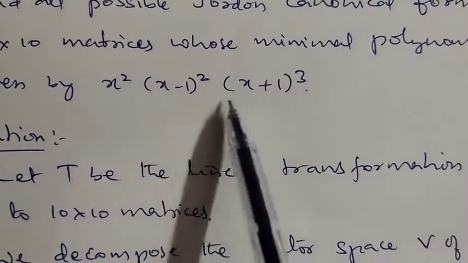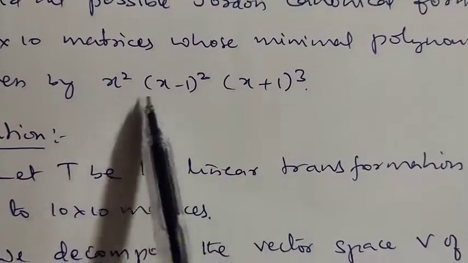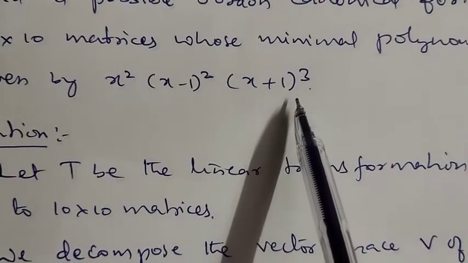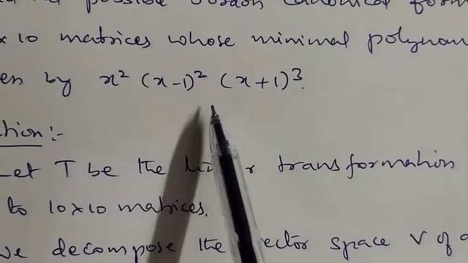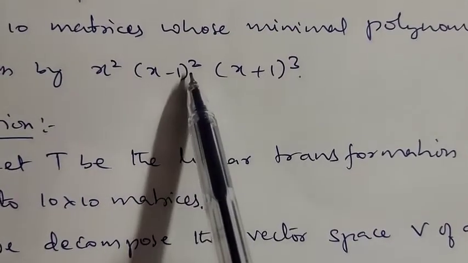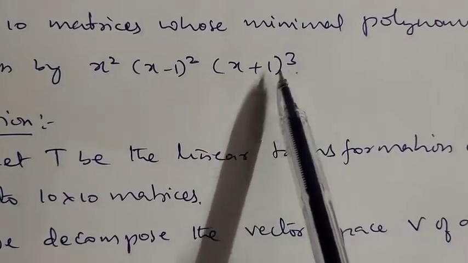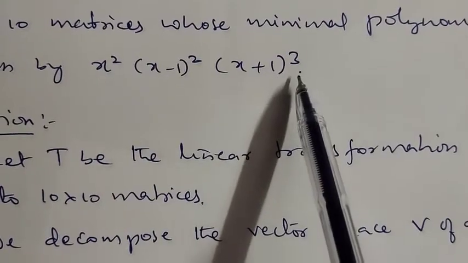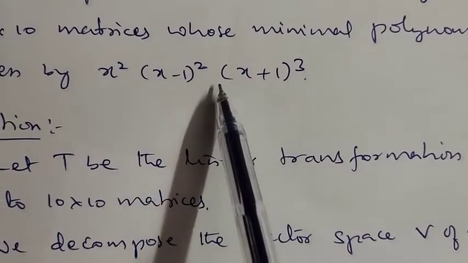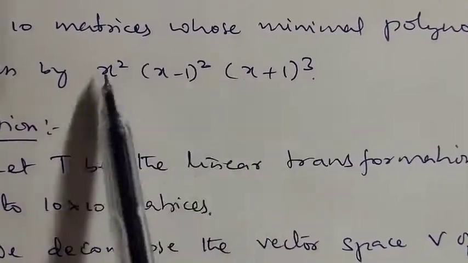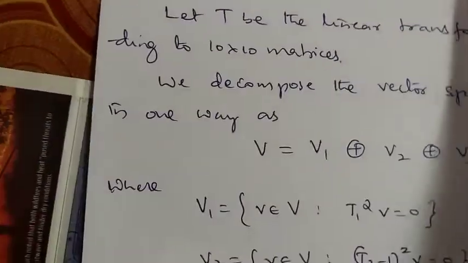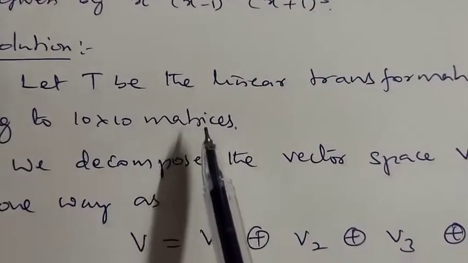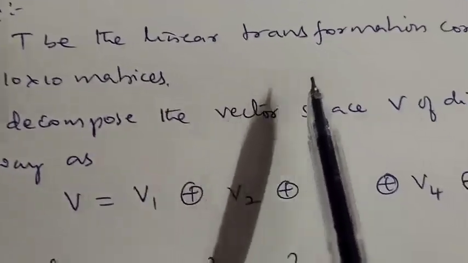These are compulsory; you have to take this as a compulsory part. Then you can add (x plus 1) whole cube, then it becomes 10. Or (x minus 1) whole square into (x plus 1), or x square into (x plus 1), or x square into (x minus 1), plus these terms.